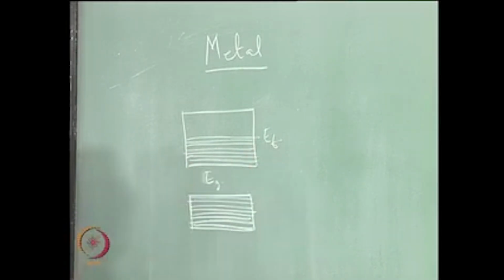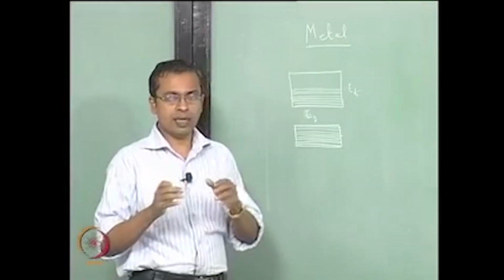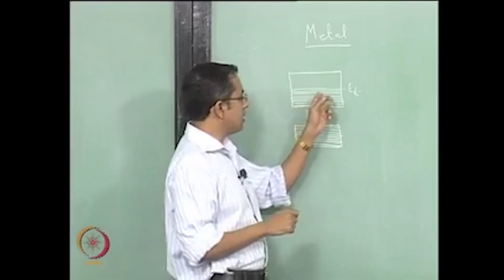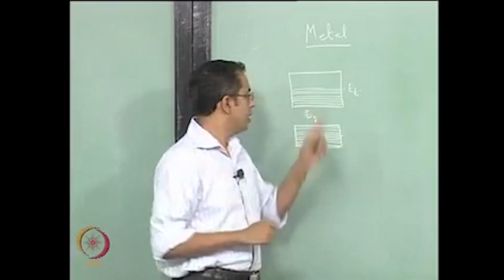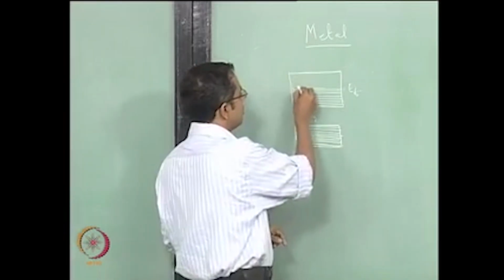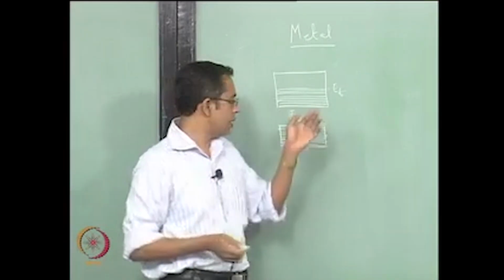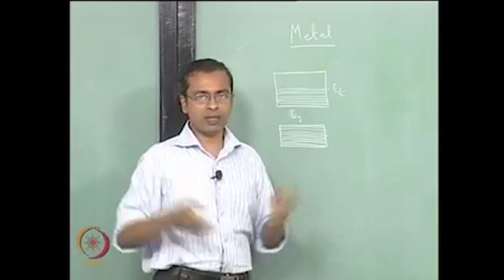As I mentioned, for electrons to move through the system, the ease of movement depends on how easily they can locate energy levels immediately above them. Here there are energy values immediately above the Fermi energy, which are all vacant. So if you give it a slight amount of energy, the electron can get onto those energy levels and then it is free to run around.